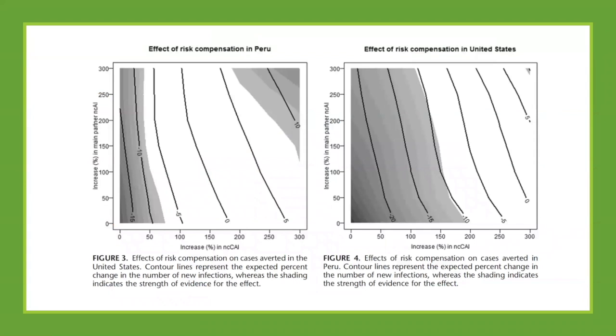Right, and then the question of risk compensation. So here we are looking at percent increase in casual UAI and percent increase in UAI and main partnerships. This is a very large range. So we go from, this corner is model as is, and then we go up to quadrupling the frequency in both directions.